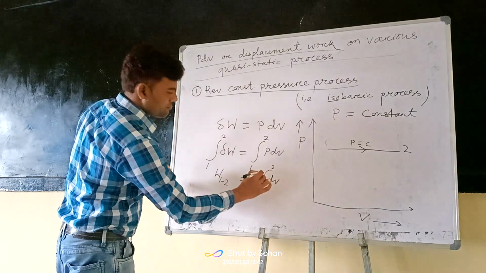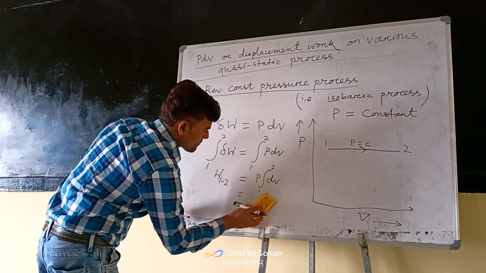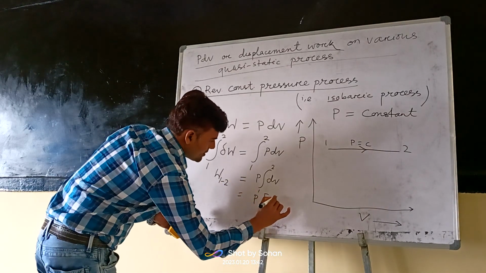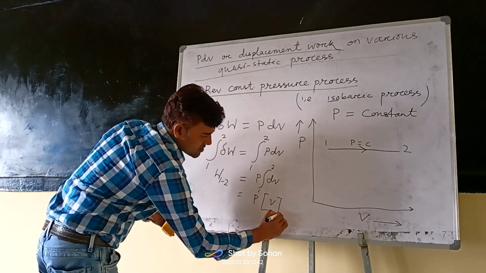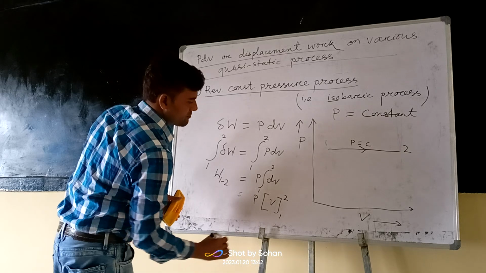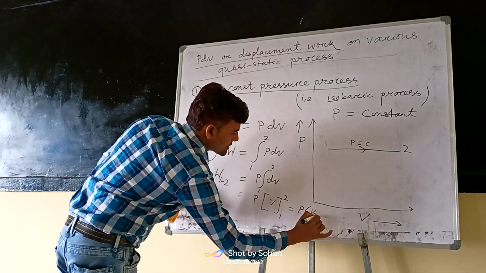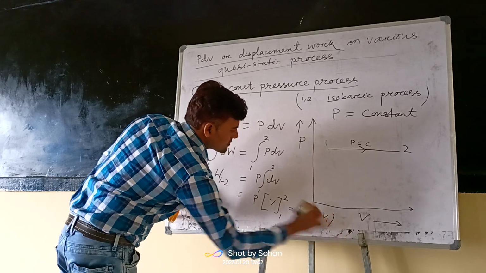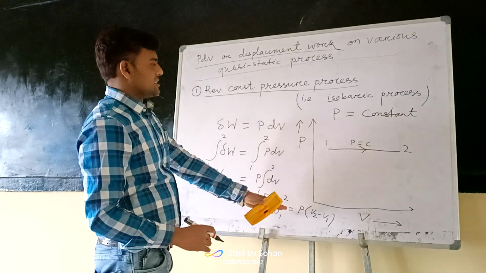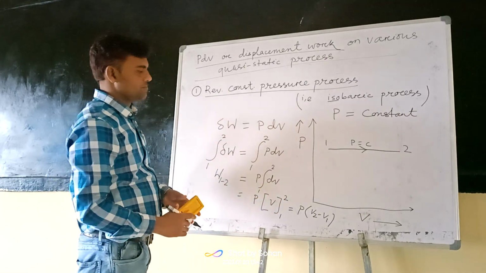The integration of dV is V, so P times V, limits 1 to 2. Then upper limit minus lower limit equals P into (V2 minus V1). This is the final expression for the reversible constant pressure process.